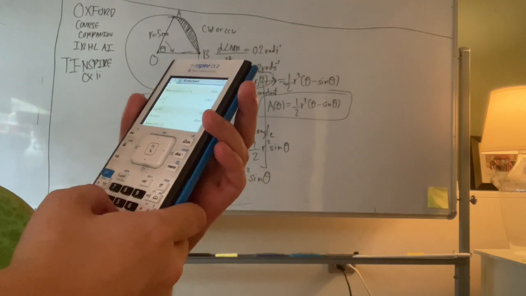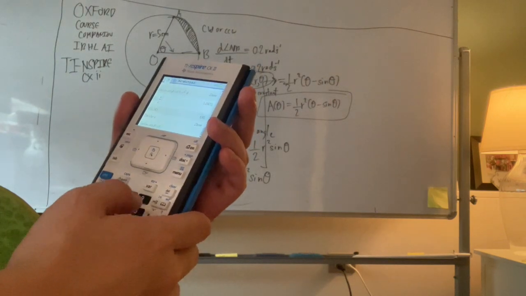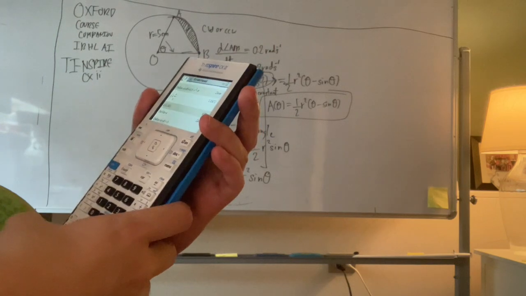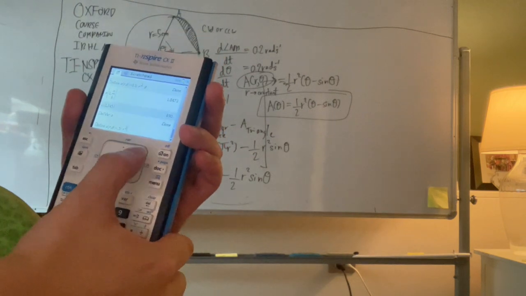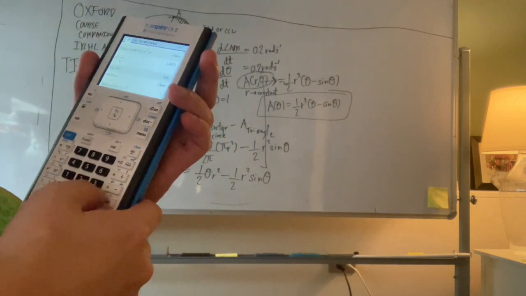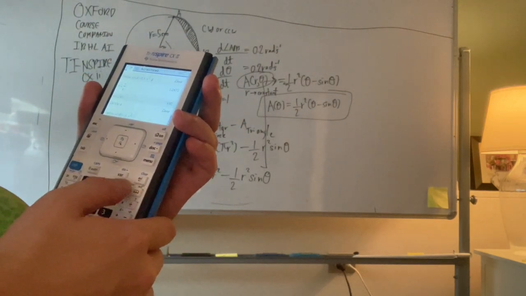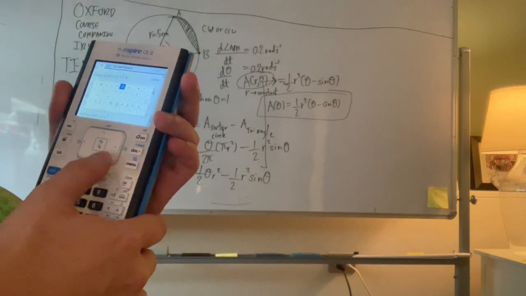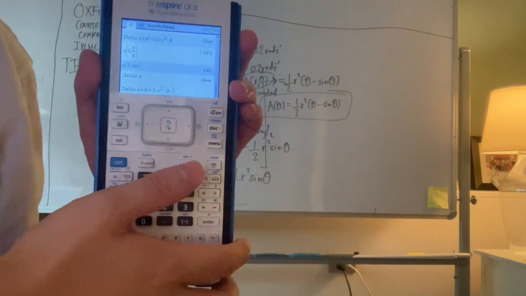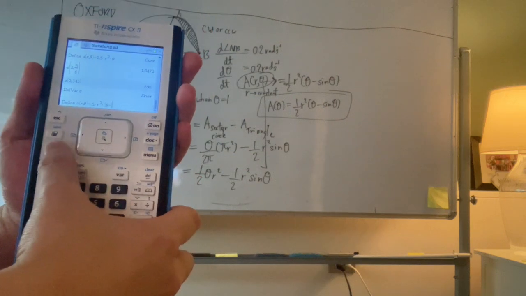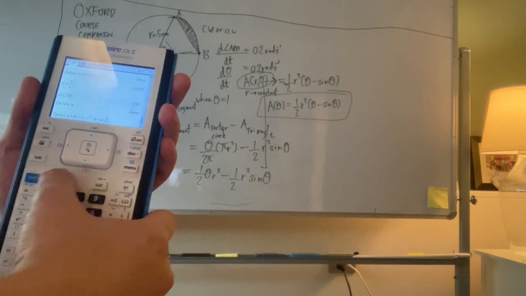So 1 times 2, you know what, just so that there's no mistake, let me do 0.5 times r squared times, give me a second, this is theta minus, this is absolutely painful, I'm not good at this at all, minus sine of theta.